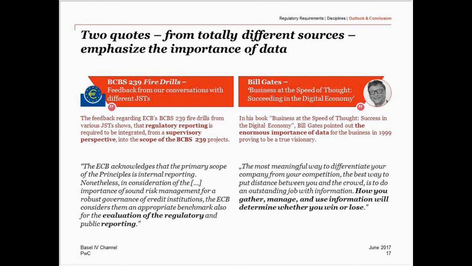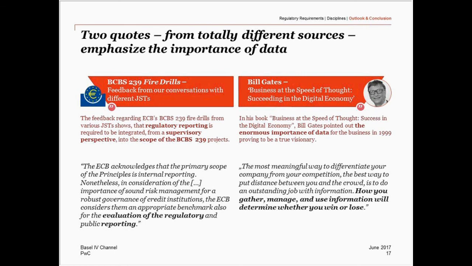And then, because we are talking to a regulatory crowd in this case, I packed the second quote on the left-hand side of the slide, which we got from the feedback from one of the JSTs that was responsible for the BCBS 239 fire drills this year, where we learned that it's not only the Pillar 2 data that is in the aim of BCBS 239, but that also regulatory reporting has to be taken into the scope of your BCBS 239 projects.